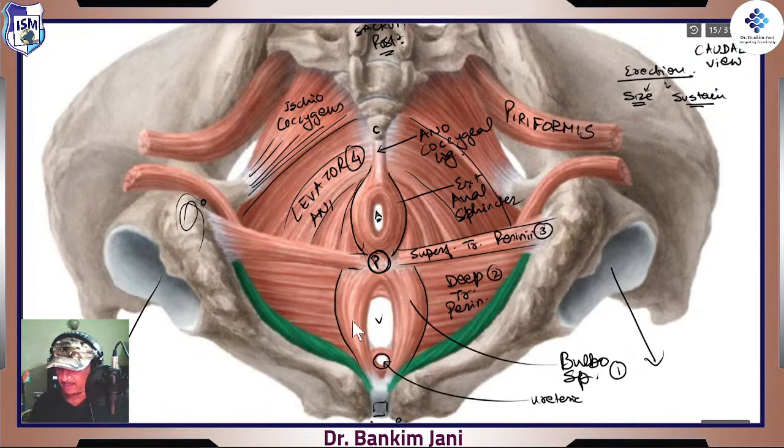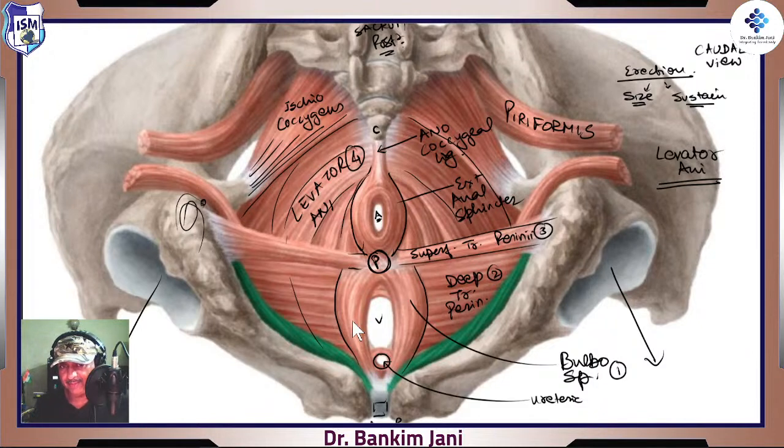Just for our understanding, this levator ani, right, would be divided into several components, several parts. That is puborectalis, pubococcygeus, etc. Because it is a huge, big one, right? It will go all the way like this. If you remove this deep transverse, it would actually be forming that entire floor, right?